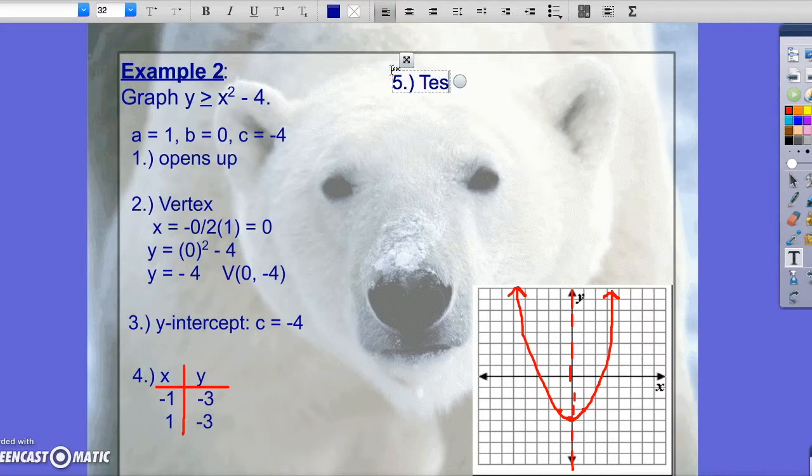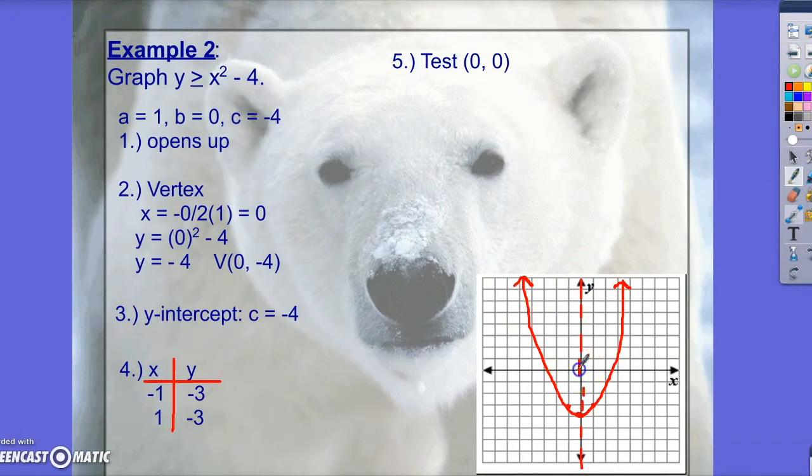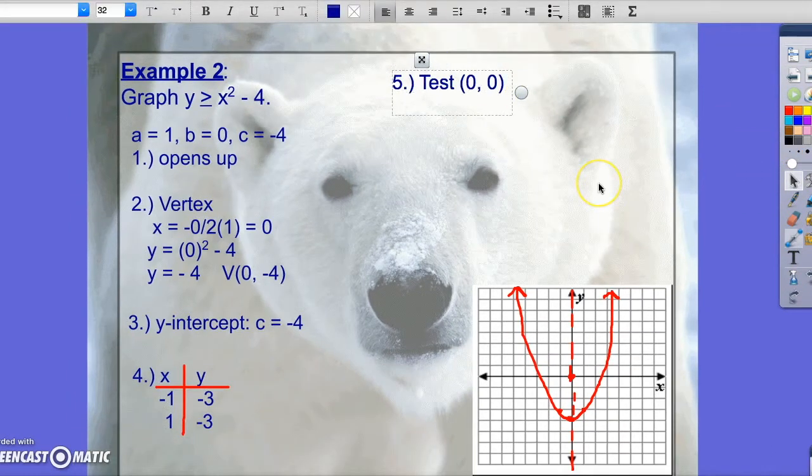And actually, in this case, I like to use 0, 0 just because mathematically it's the easiest. And if you see, I could actually use 0, 0 this time. So let's plot that point here. If 0, 0 is true, I'm going to shade inside. If it's false, I shade outside. So let's see what we get here. Plug it back into the original inequality.